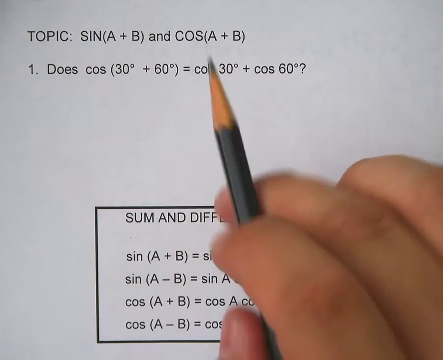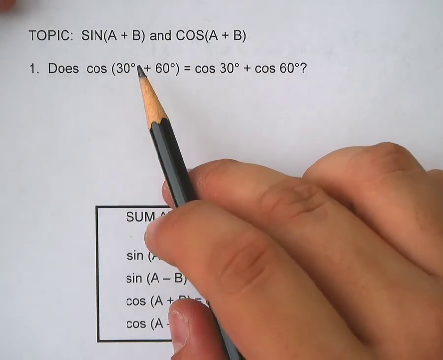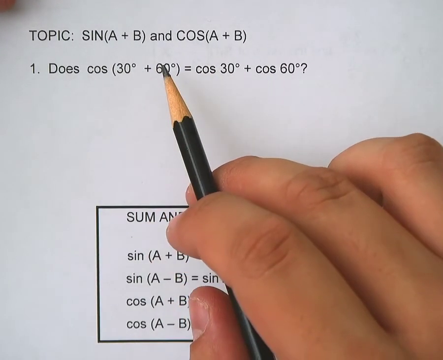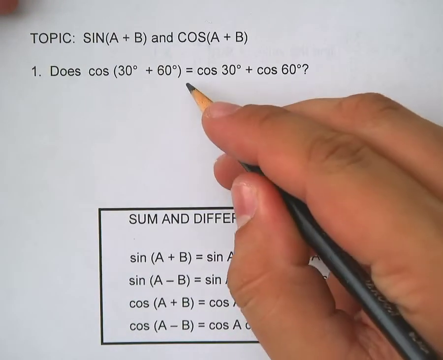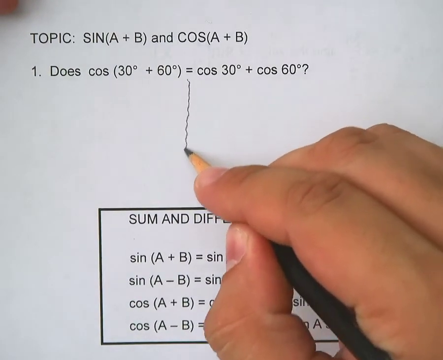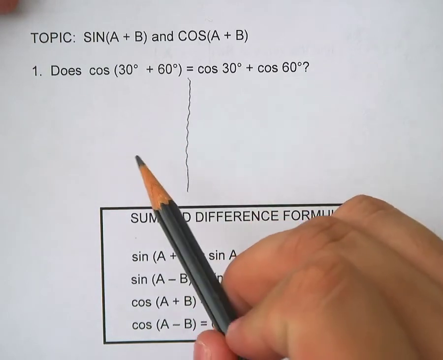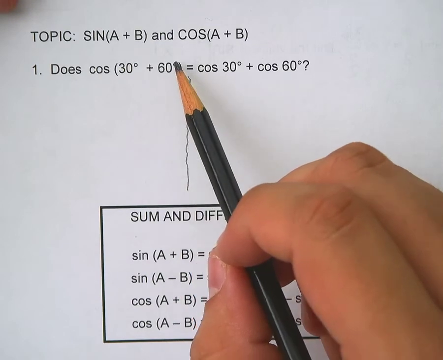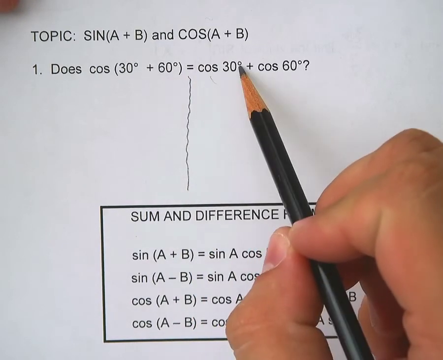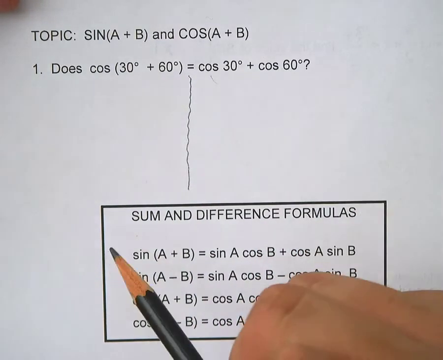It says cosine of 30 degrees plus 60 degrees. Let's figure out what this is going to be. I'm going to split this up, and the question is asking, does the cosine of 30 degrees plus 60 degrees equal the cosine of 30 plus the cosine of 60?